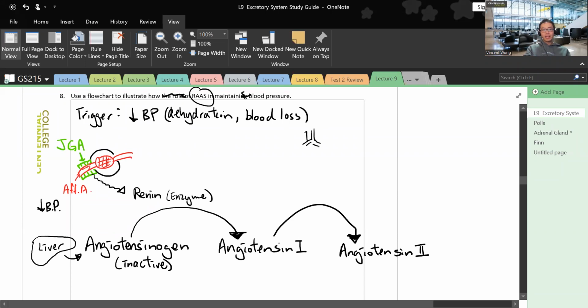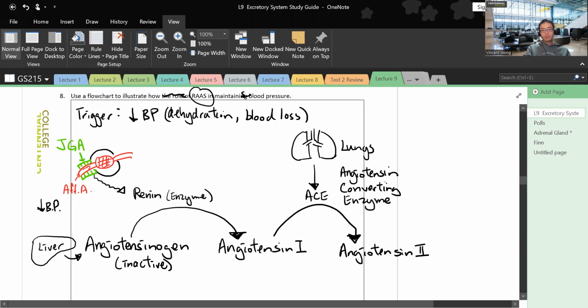This time, the enzyme will be coming from, hopefully you can tell what I'm drawing, the lungs. So the lungs will produce an enzyme called ACE, which stands for angiotensin converting enzyme. Okay, I'm going to give you a moment to take this all in, and please ask questions if you have any.